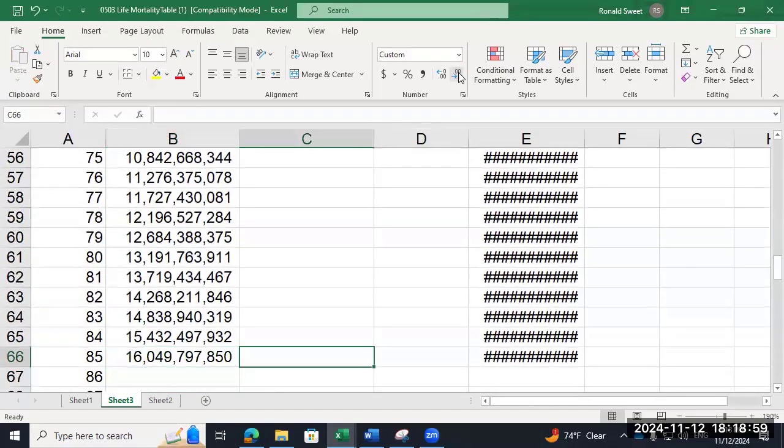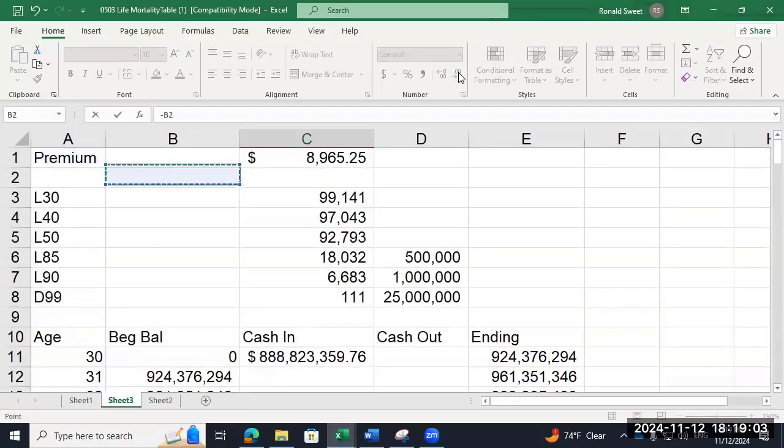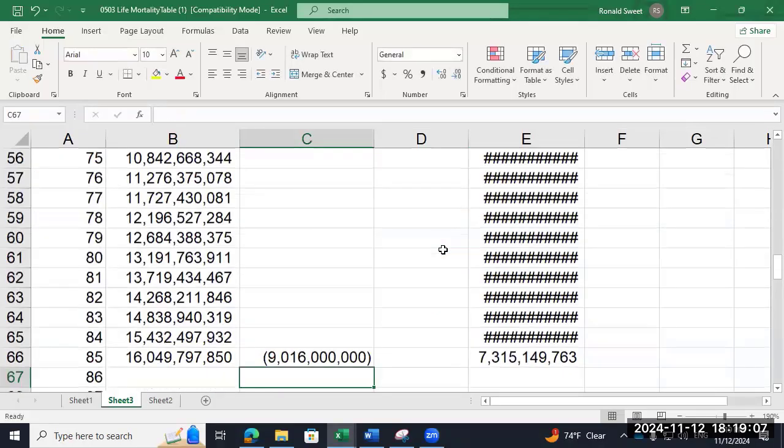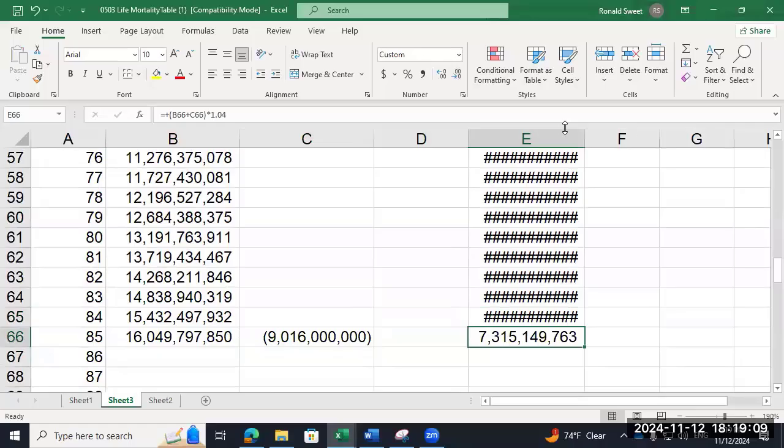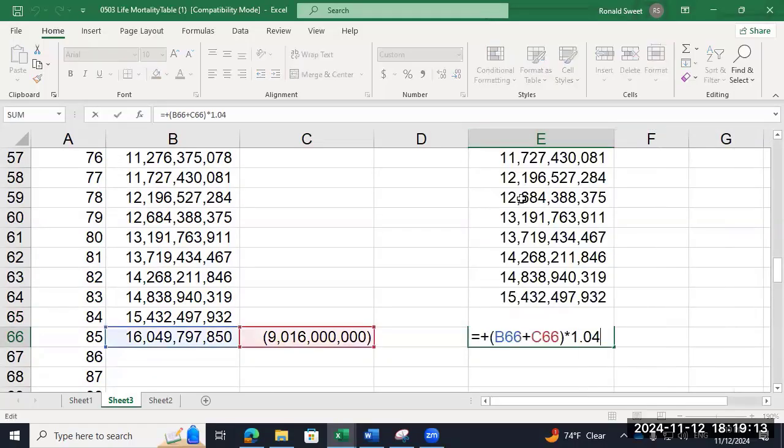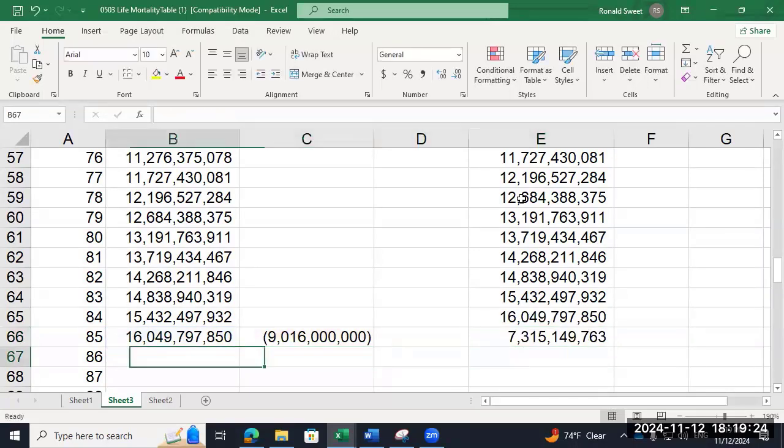Then at age 85, we're going to spend, this is the beginning of the year, we're going to spend $18,000 times 500,000 bucks. So here we start with the 16 million and the 9 million is paid at the beginning of the year. So paid at the beginning of the year, we have to multiply them both by 4%. And when's my next period?